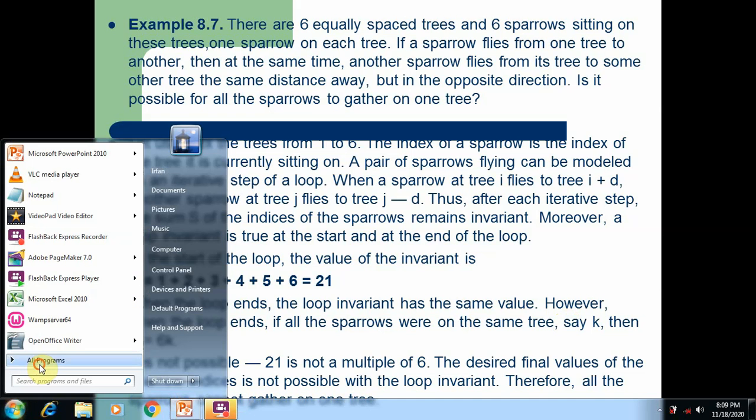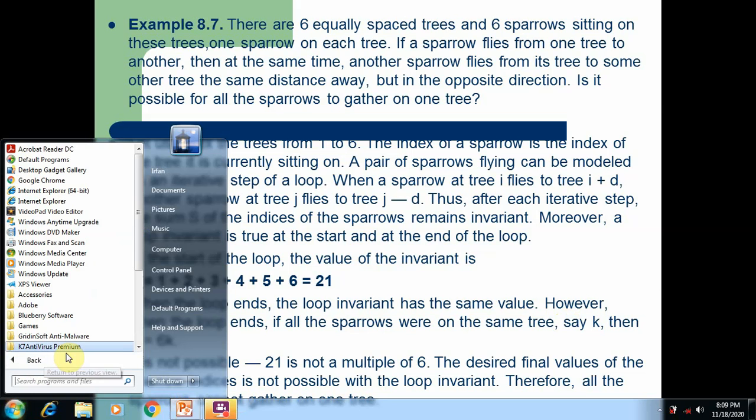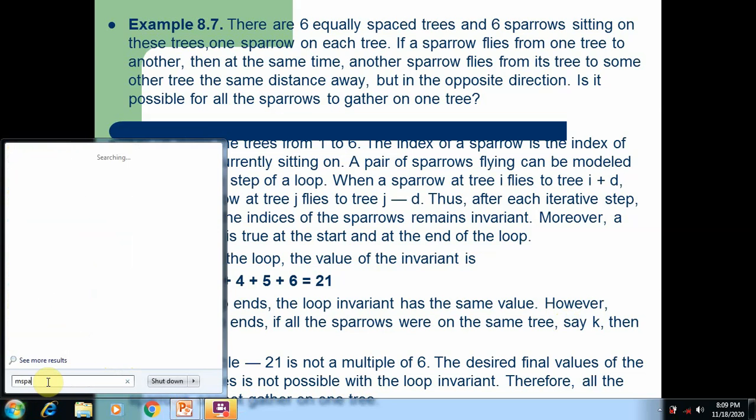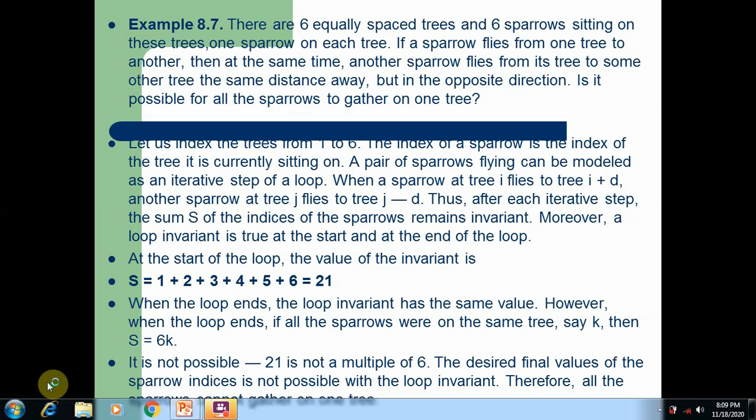So consider 6 trees. I am going to use MS Paint for easy explanation.